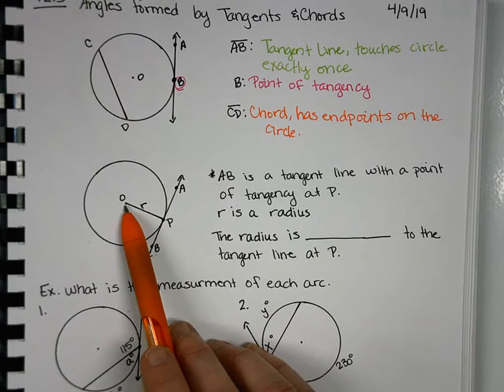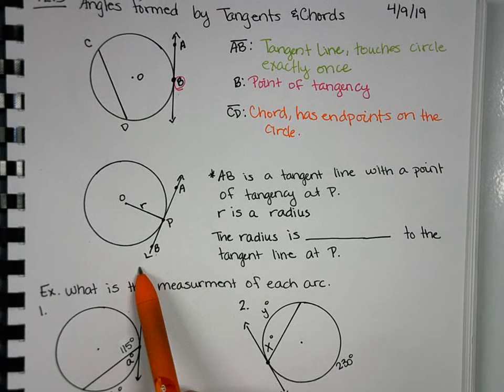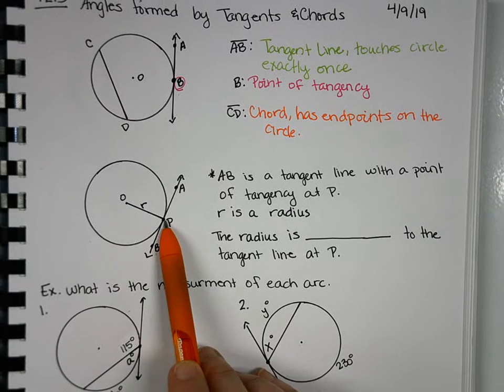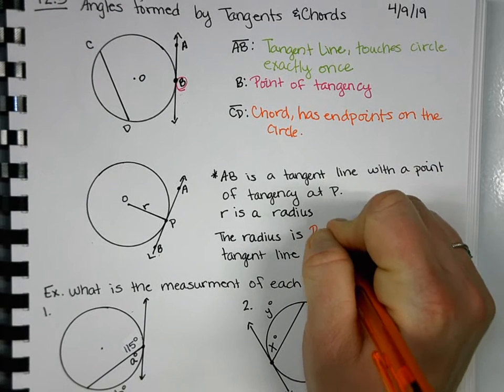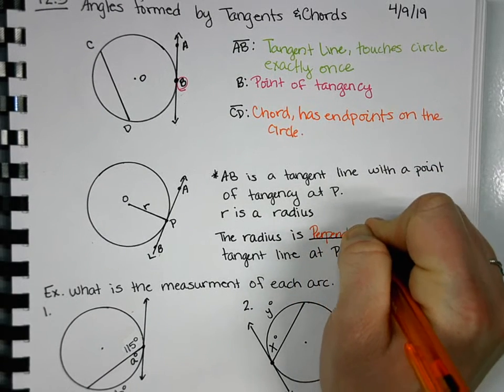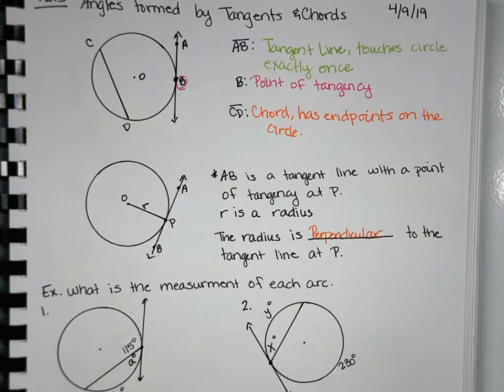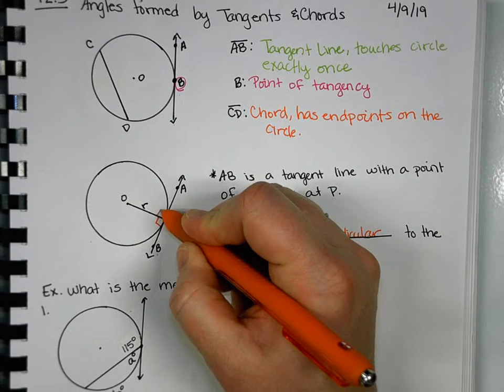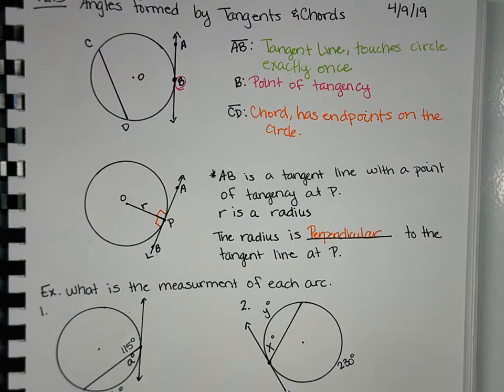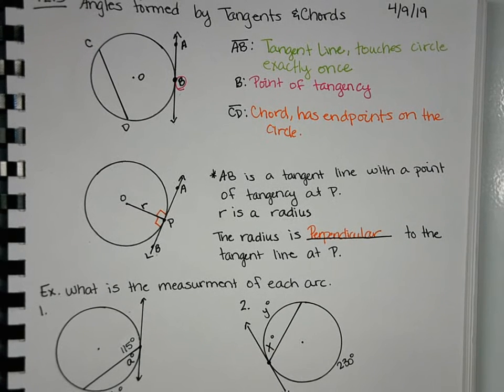When you have a radius and a tangent line and the radius meets at the point of tangency, the radius is perpendicular to the tangent line at point P. So that means this is going to create two 90-degree angles. But this is only true when you have a radius and a tangent line meeting at the point of tangency.